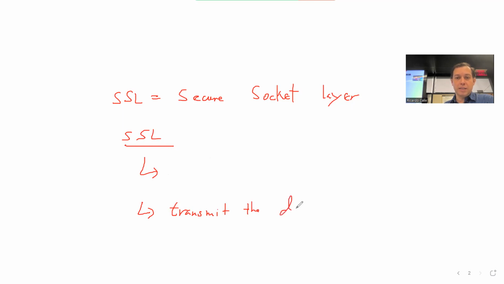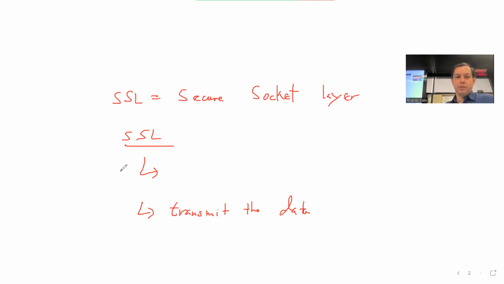Now, you guys did this last week, right? You had the problem of sending the data to your friend via email. So that's transmitting the data, and you know how to do it. But what was the problem that you encountered to do that securely? We had to send the key with it. You had to send the key with it, exactly. So that's the second objective. Sometimes this is called the handshake protocol, but basically it is to establish a shared secret key.